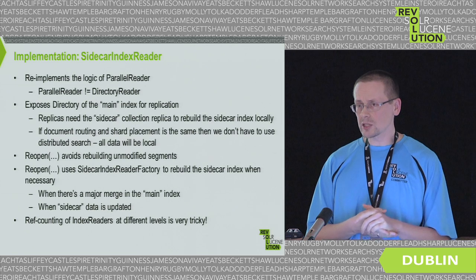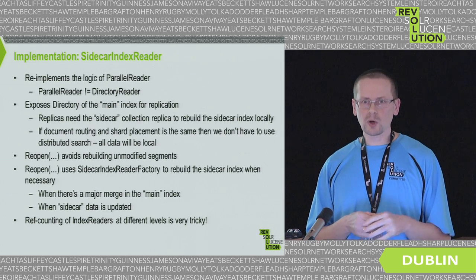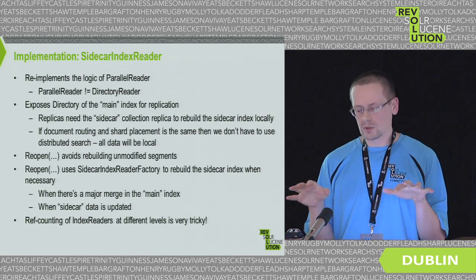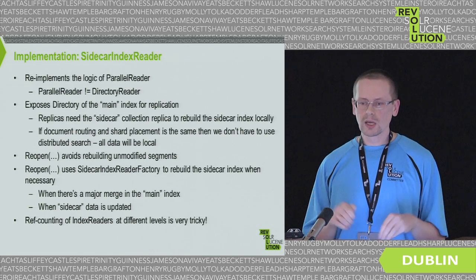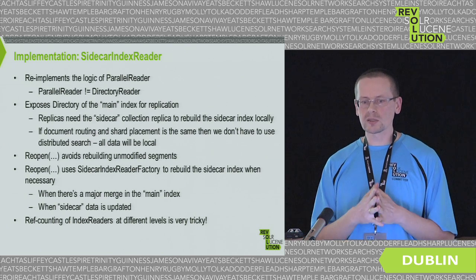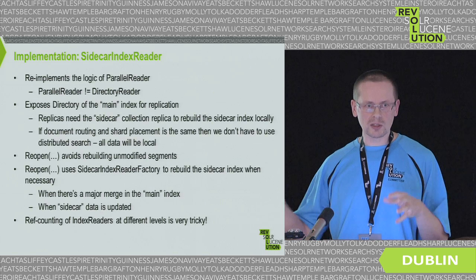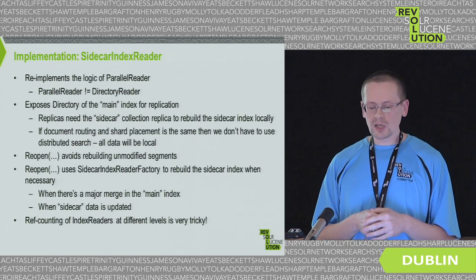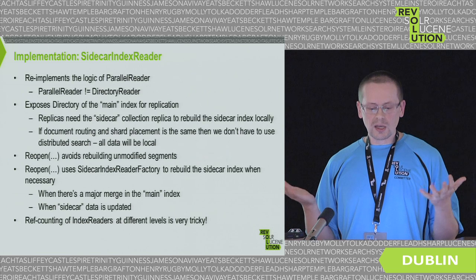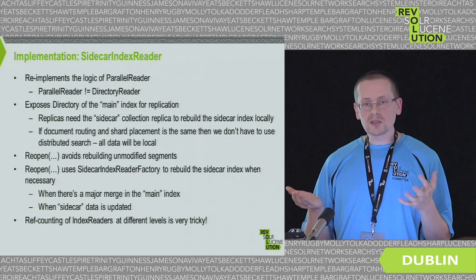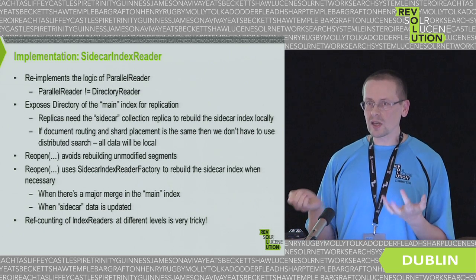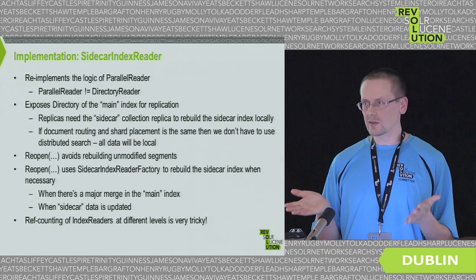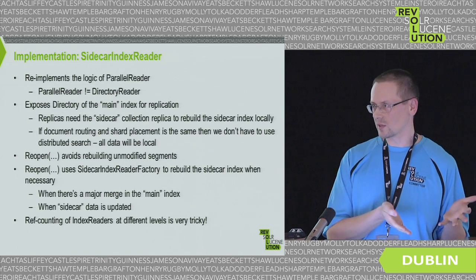So, briefly about replication. If you have a cluster like a Solr cloud cluster, where the index is sharded and you have replicas of shards on different machines, then of course the index commit point that is taken from the main index doesn't know anything about the data in the sidecar index.